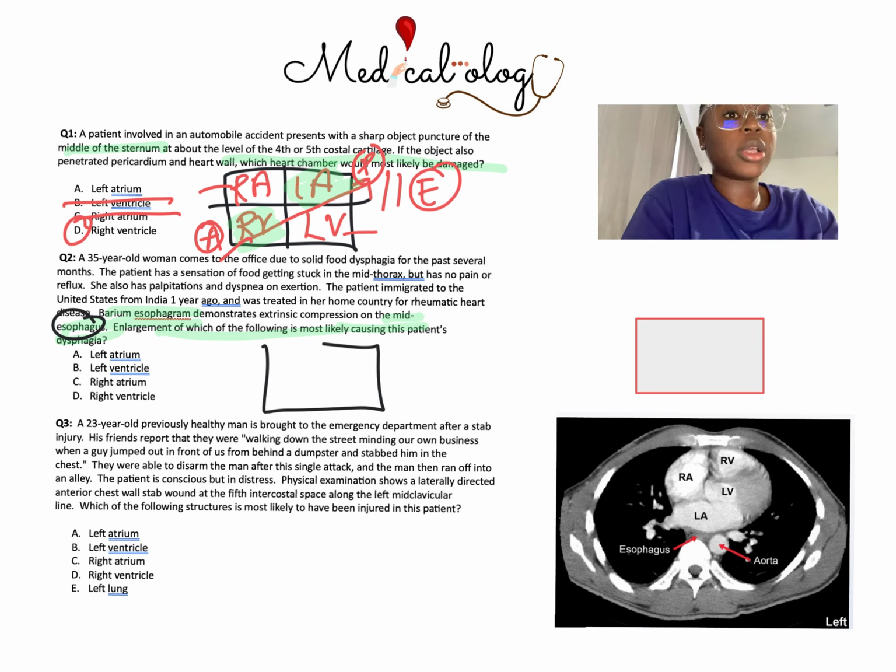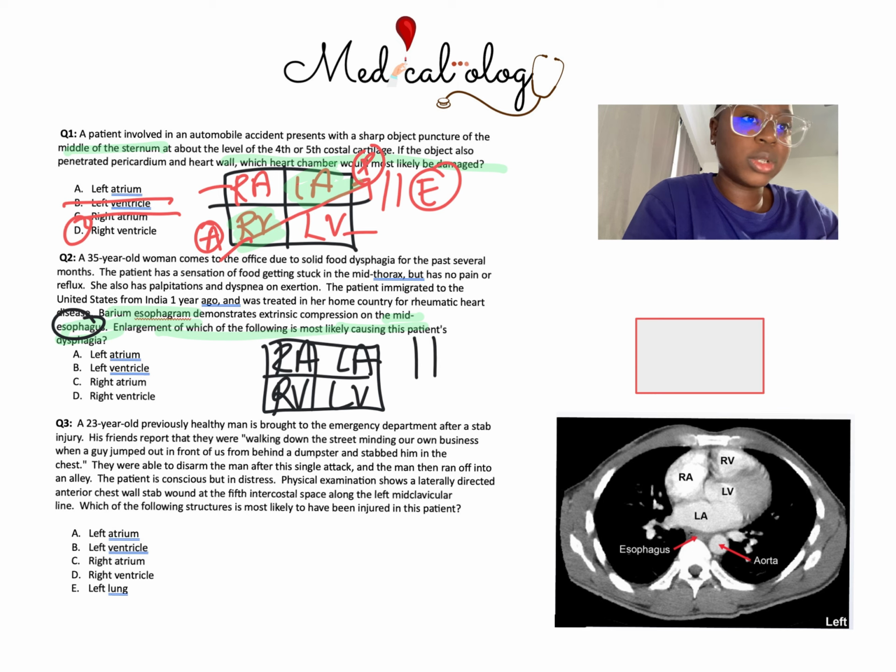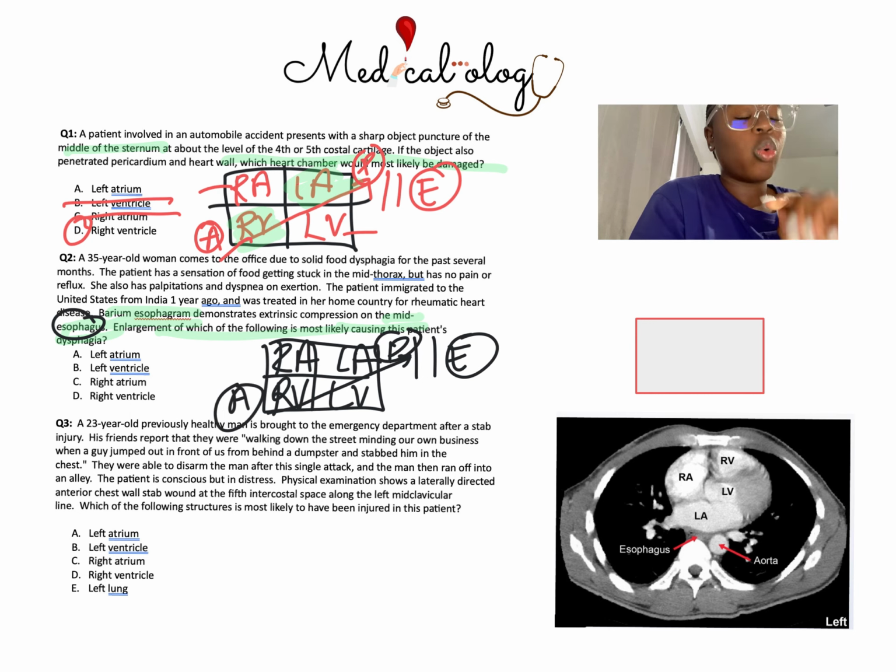So we can draw in our box, right atrium, right ventricle, left atrium, left ventricle, 2 lines, E. What is that? E stands for esophagus, right? And in our line, it shows that the right ventricle and left atrium. And what is most posterior? What is most posterior is what? Left atrium.